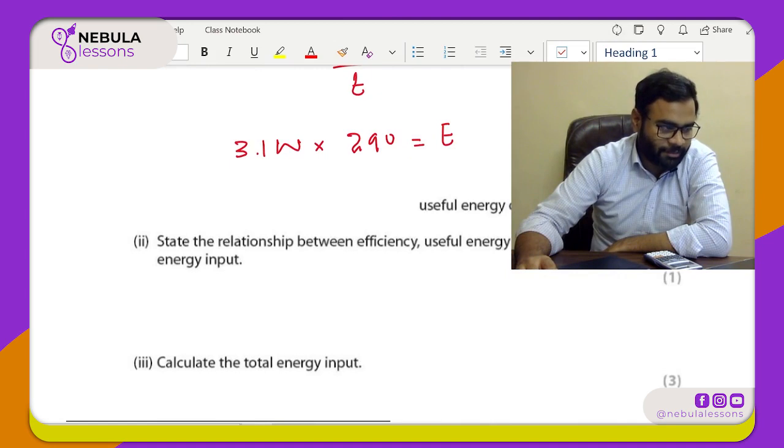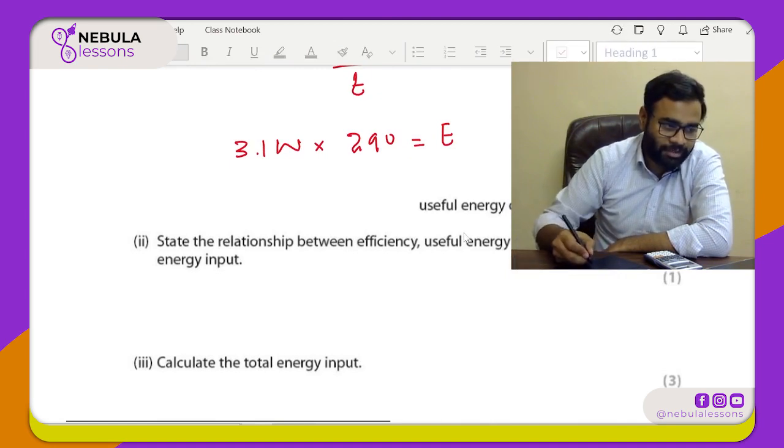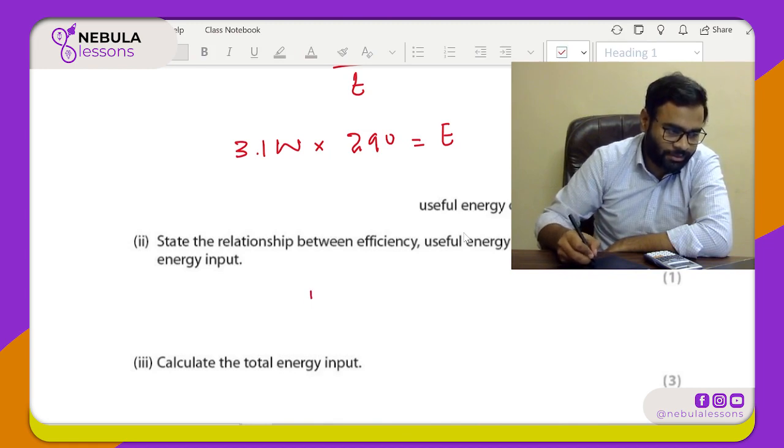Now, the next part is asking you to state the relationship between efficiency, useful energy output, and total energy input. So you know that efficiency is linked with these two in this way.